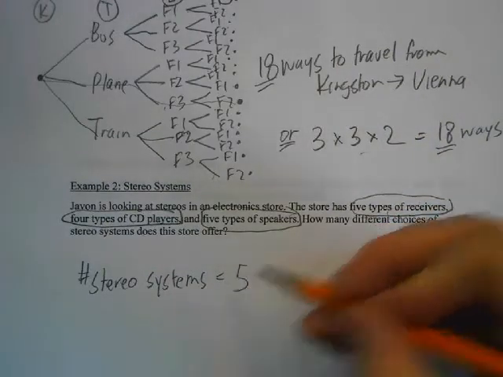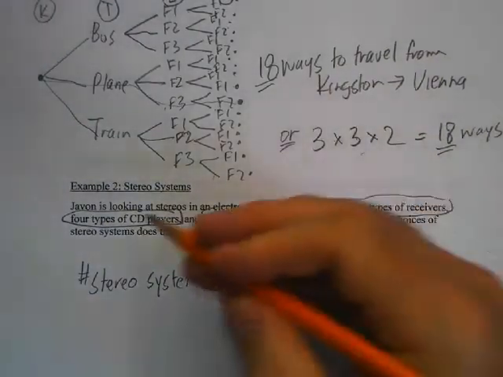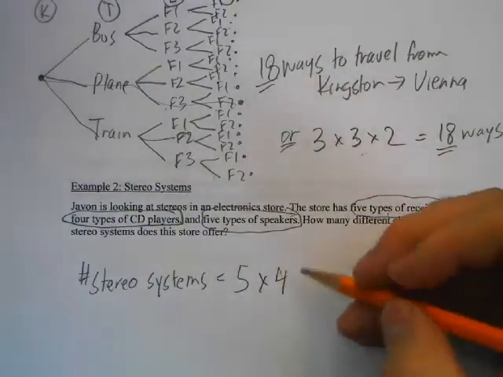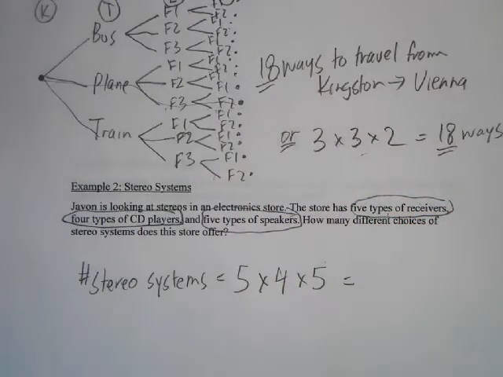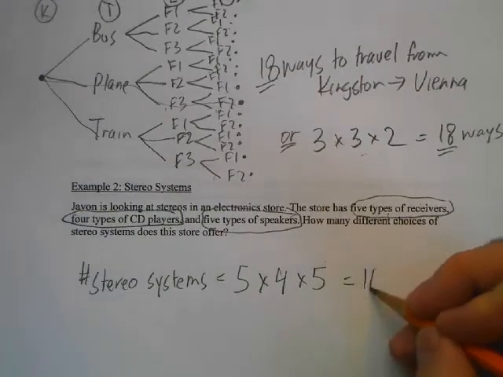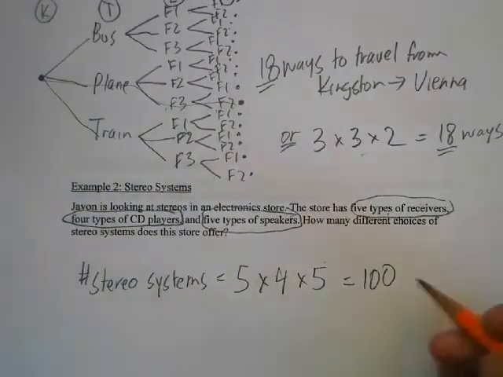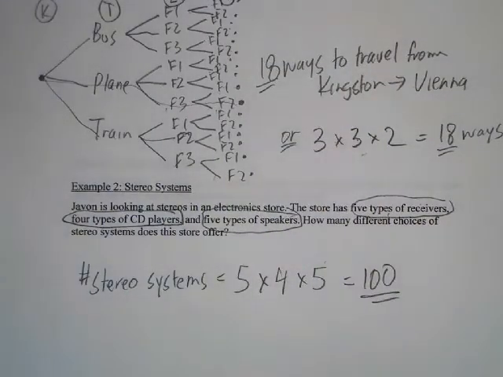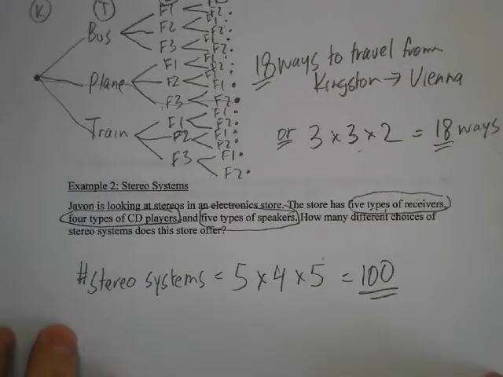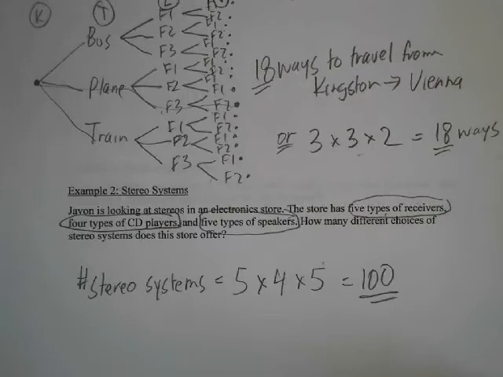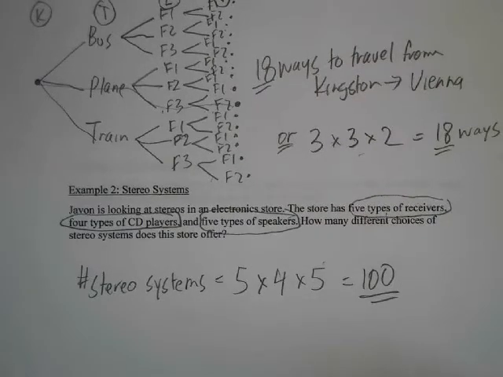So I've got 5 choices for the receivers. I've got 4 choices of CD players and 5 types of speakers. So multiply those together. I've got 100 different stereo systems that I could purchase. Okay. That's a lot nicer than doing a tree chart. You must agree with me there.